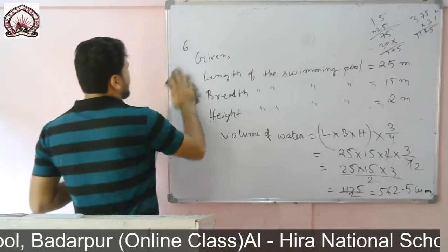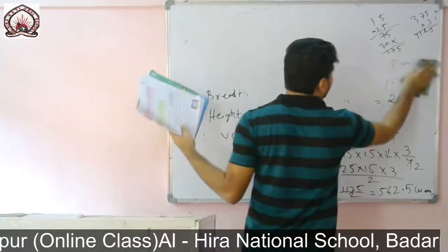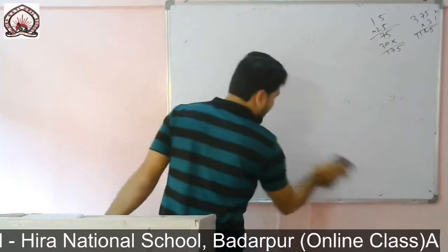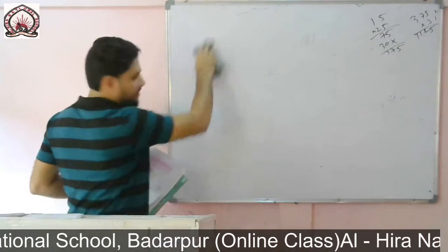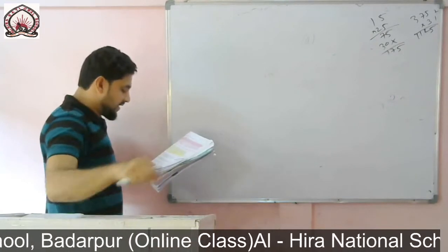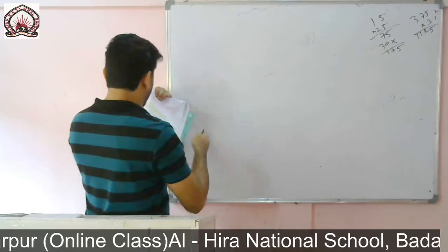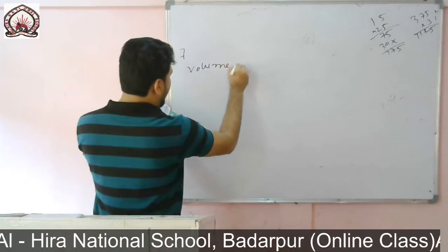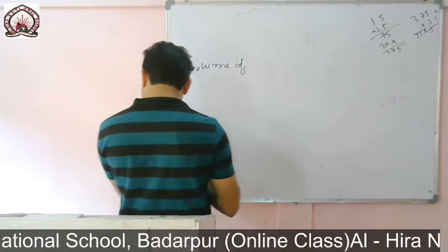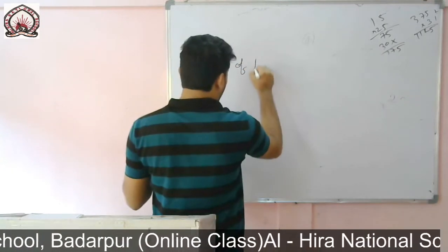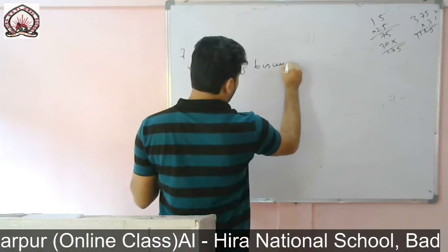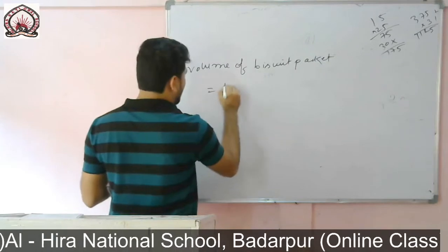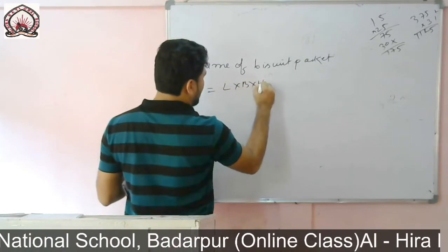then we will get the volume of each biscuit. Okay, so write 7. Volume of biscuit packet equals to length into breadth into height.